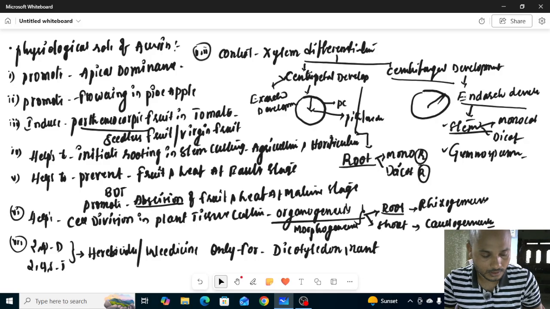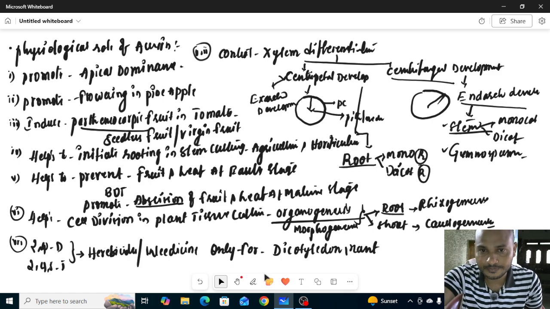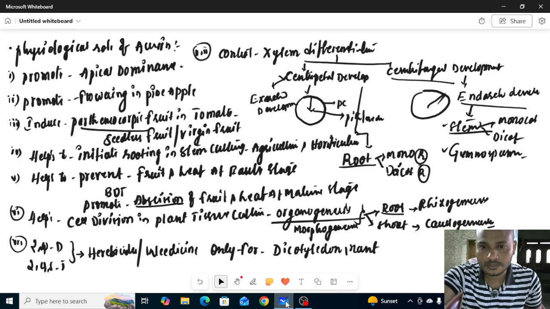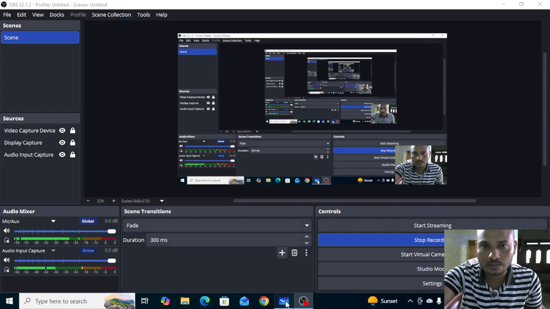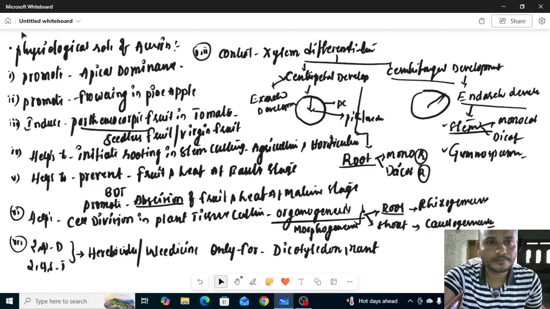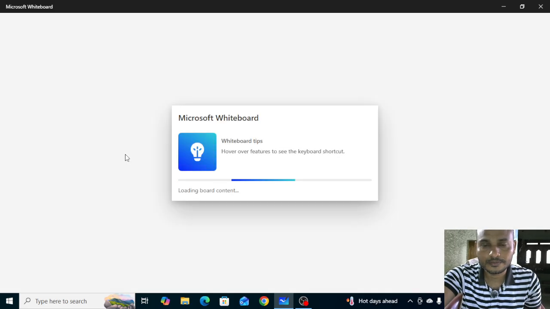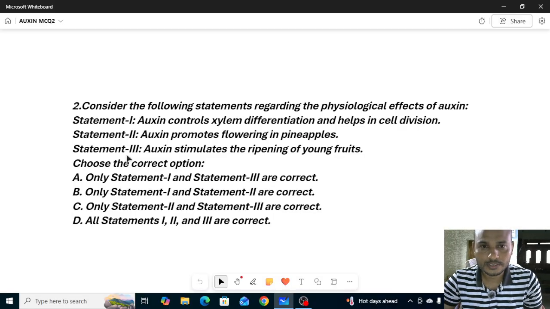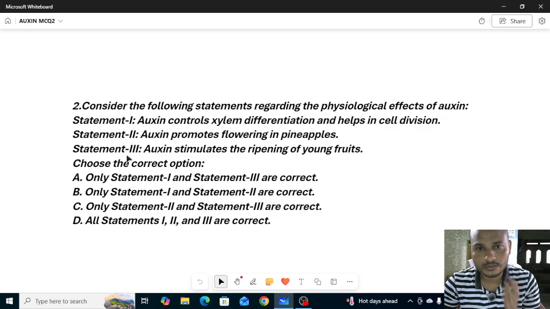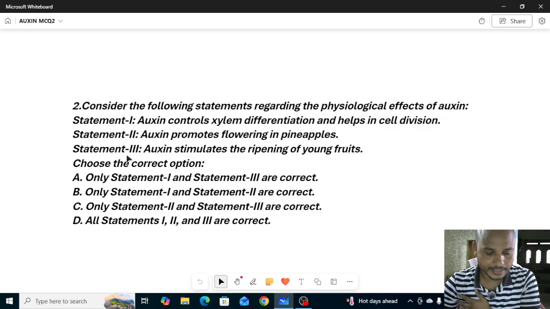Now I have three highly important NCERT MCQs on the screen here. Look at here. We have a highly important NCERT based MCQ on the screen for you.